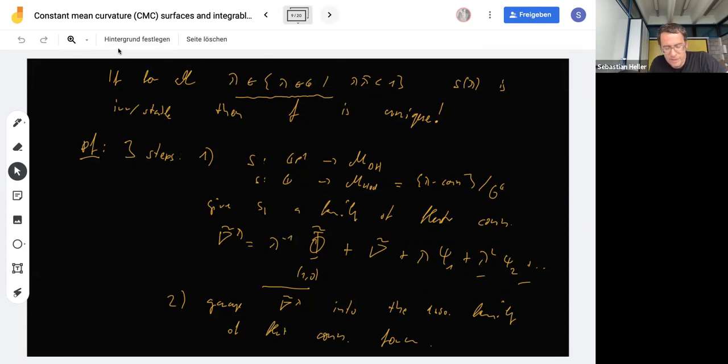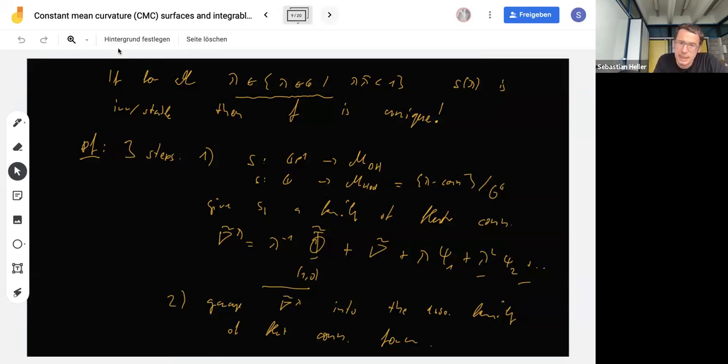So this would be the second step, and if we can manage that, then we have an associated family, because we just have the properties where we can take the gauge transformation between the connections at these two special points where we hit the trivial gauge class, and this gives us automatically our CMC surface.